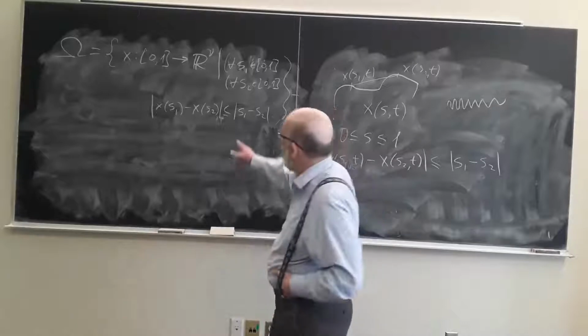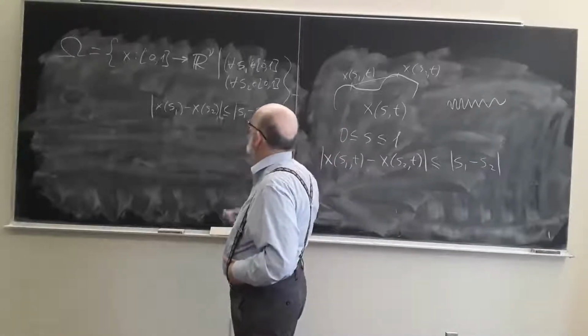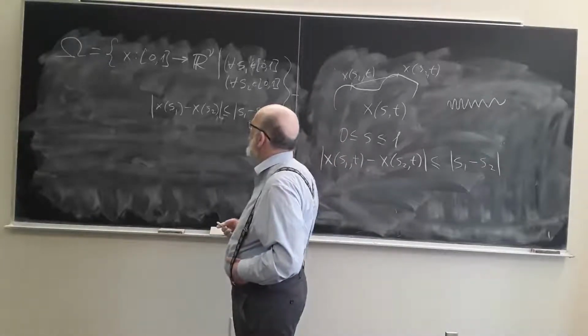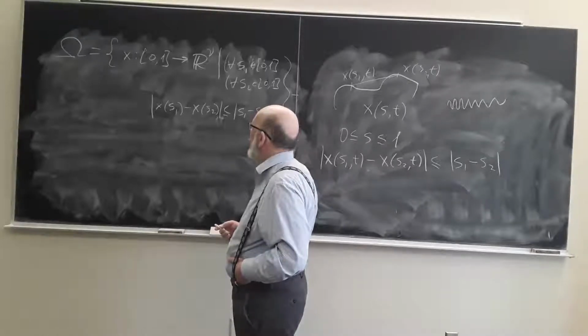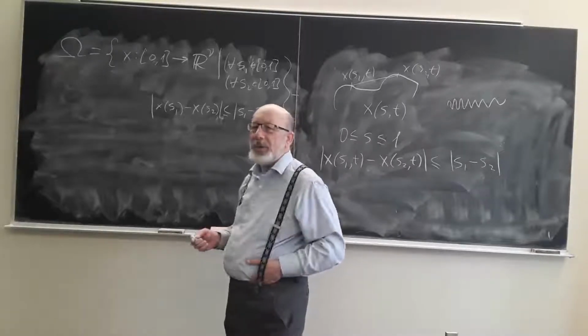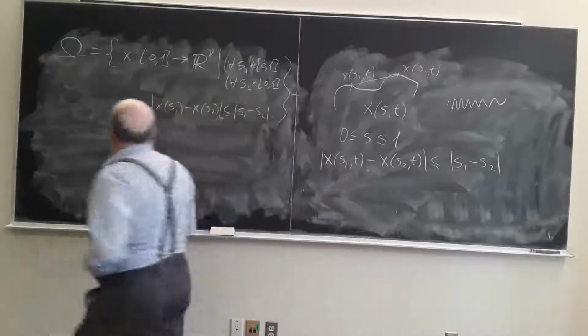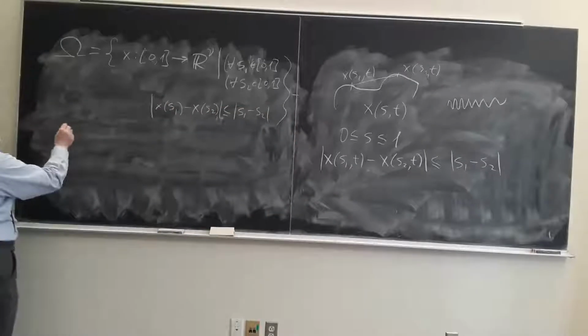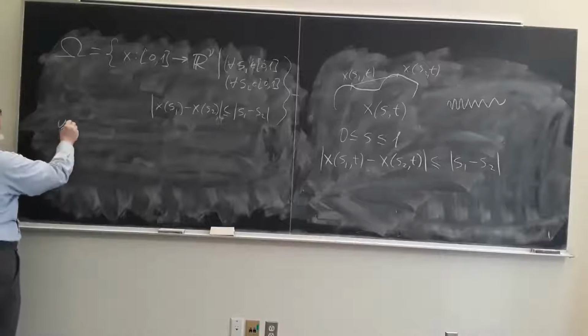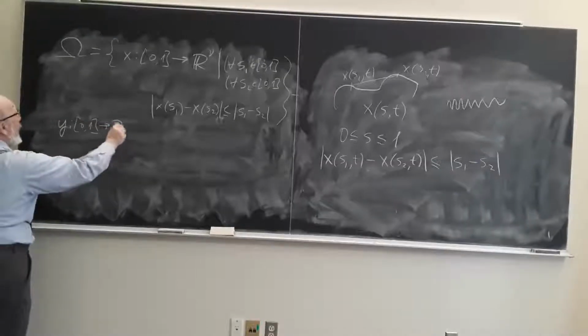So if you have two such configurations, then the convex combination is also in this set. Let us write. We have x and we have y, maps from [0,1] into R^nu.